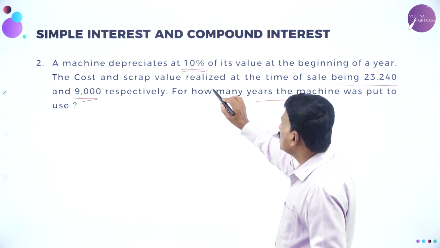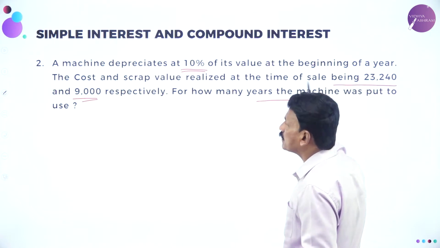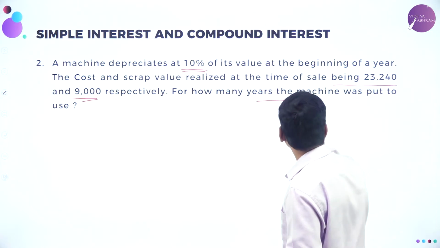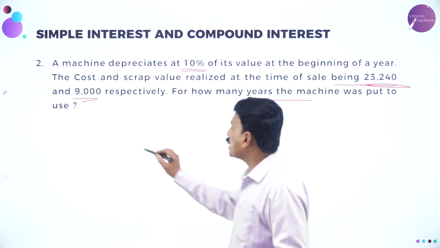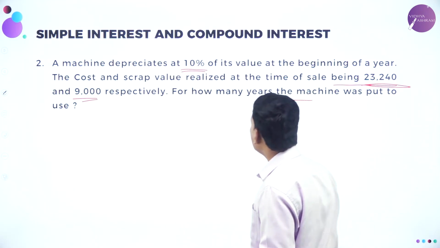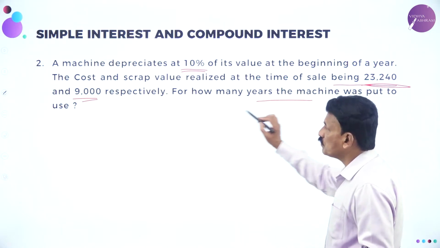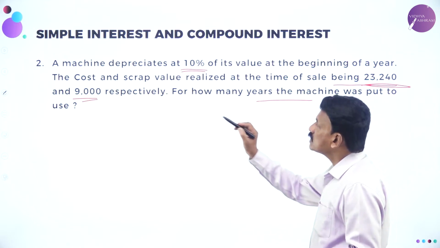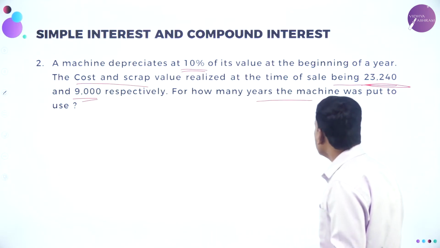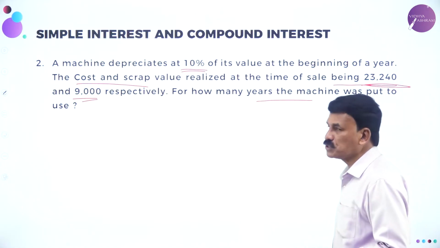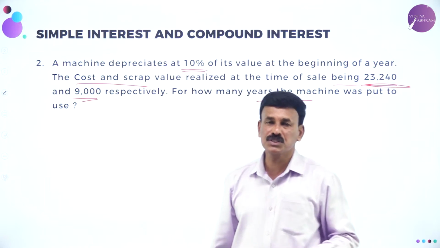So a machine depreciates at 10% of its value at the beginning of a year. The cost is 23,240 and the scrap is 9,000. So we have to find the number of years for which the machine is used.